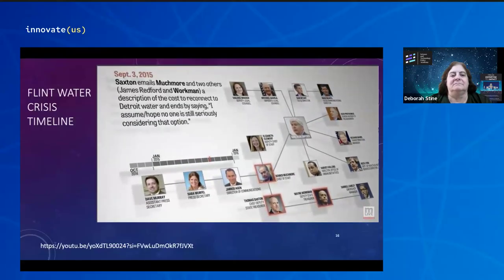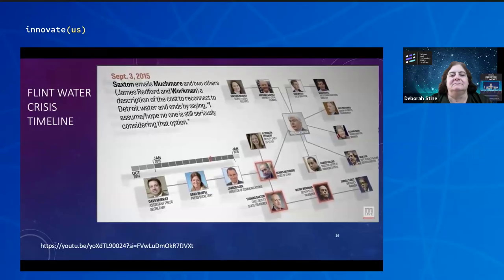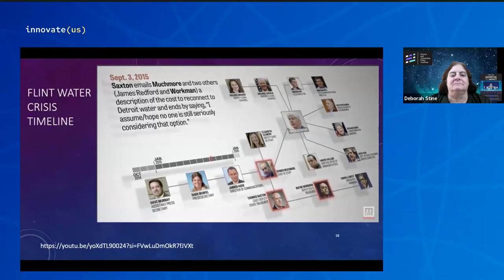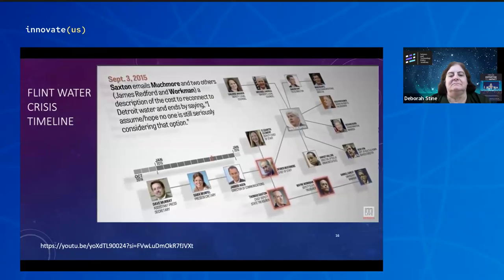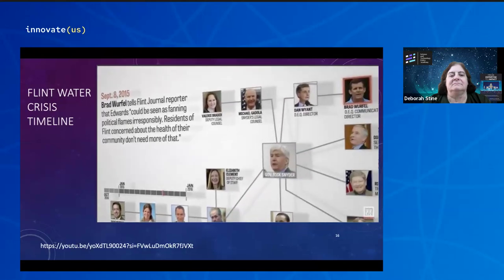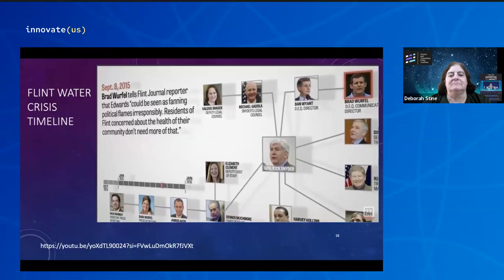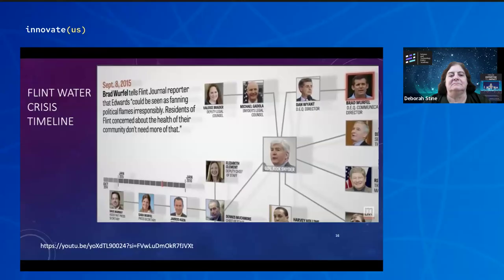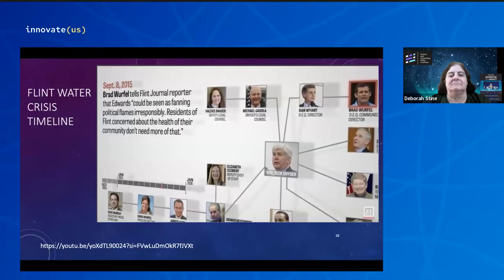September 3rd. Saxton emails Muchmore and two others, James Redford and Workman, a description of the cost to reconnect to Detroit water, and ends by saying, "I assume/hope no one is still seriously considering that option." September 8th. Brad Werfel tells Flint Journal reporter that Edwards could be seen as fanning political flames irresponsibly. Residents of Flint concerned about the health of their community don't need more of that.